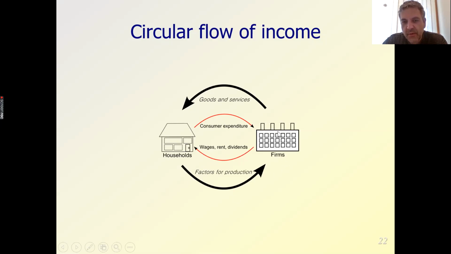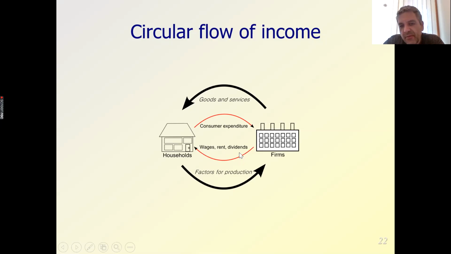Firms are the ones who actually produce goods and services. And because we're not talking about just a barter economy, the money flow is an arrow going the opposite way to factors of production and goods and services. So we have the real economy and the monetary flow in the circular flow of income, as we call it.